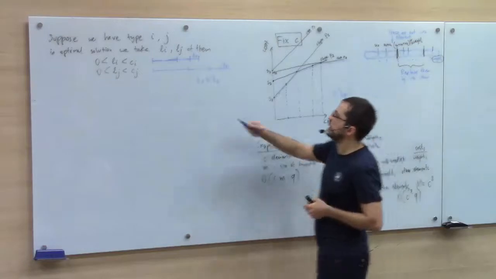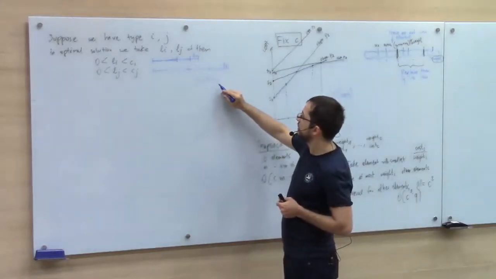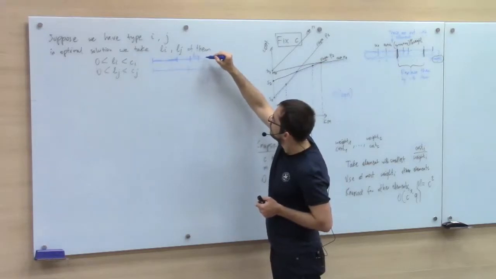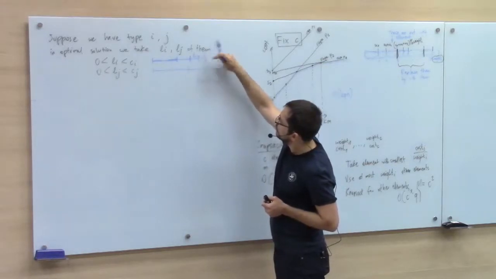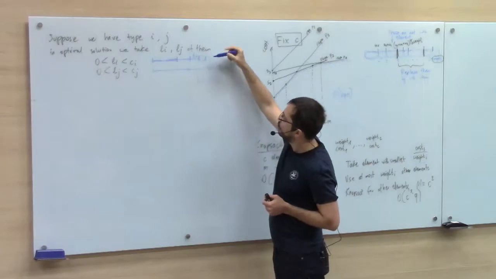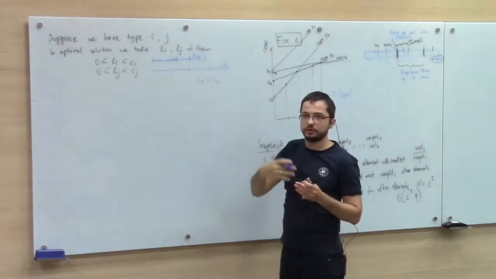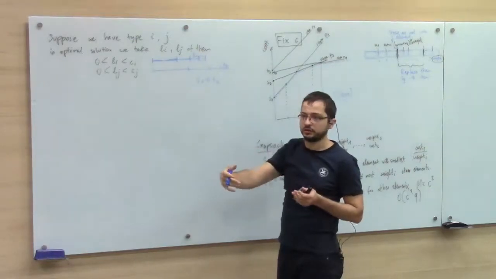Because t1 is not greater than t2, the next element here will also not be greater than t2, because the times are only decreasing.